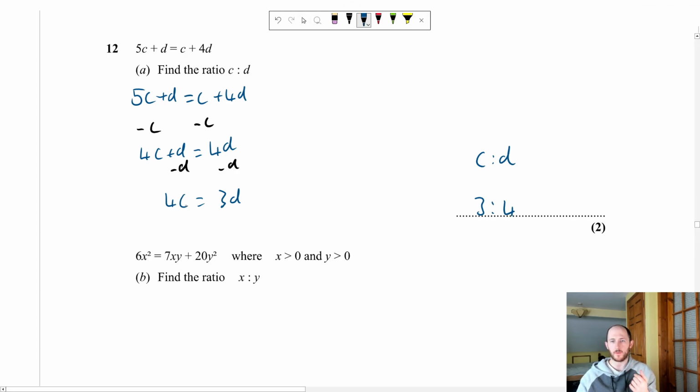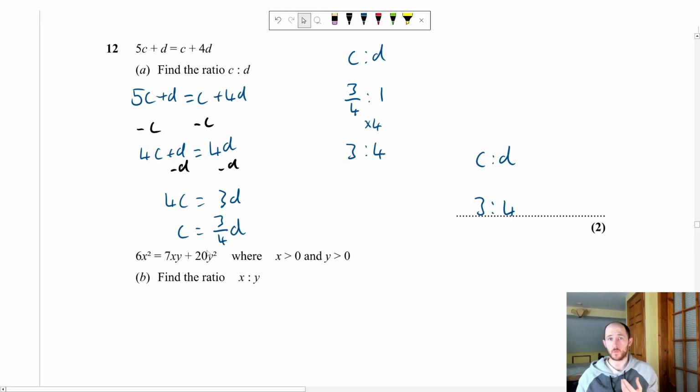But let me show you another way. Let's say I want to work out what c is, so I'll make c equal to 3 over 4d. So that means c is 3 over 4 times bigger than d. Now we can't have fractions in ratios, so we times both sides of the ratio by 4 and we get 3 to 4.